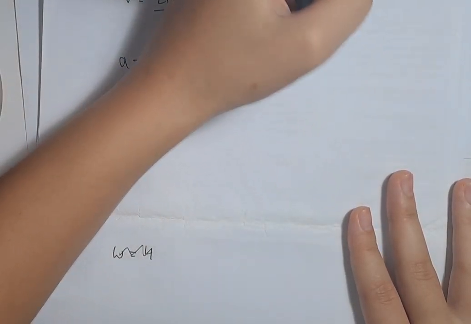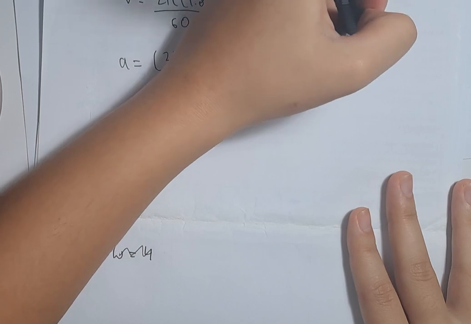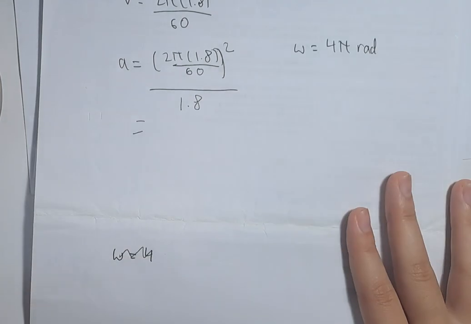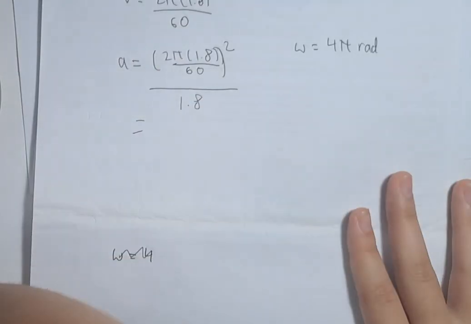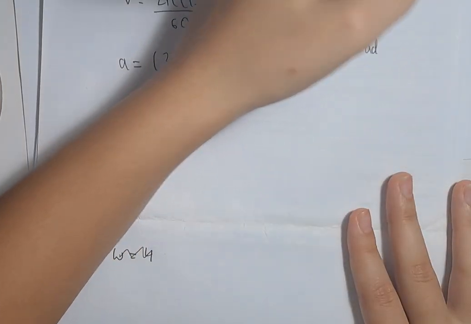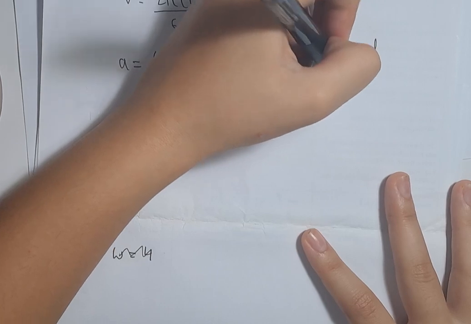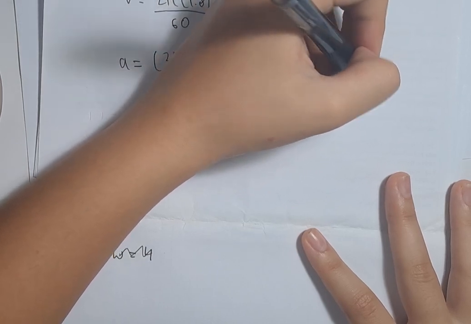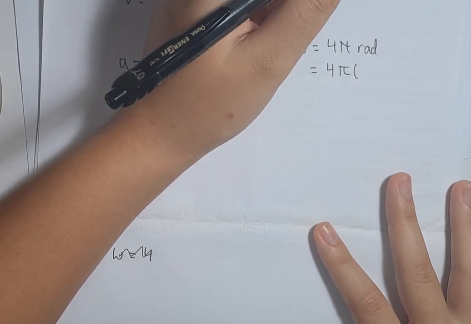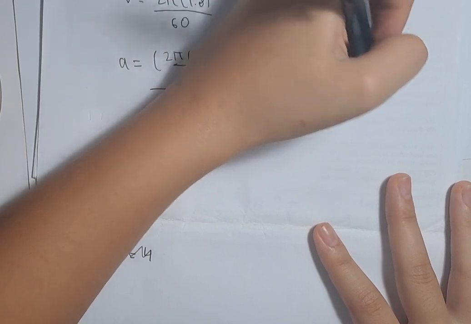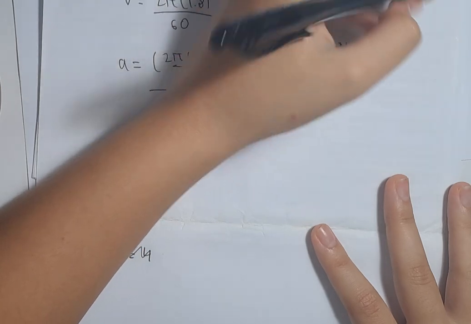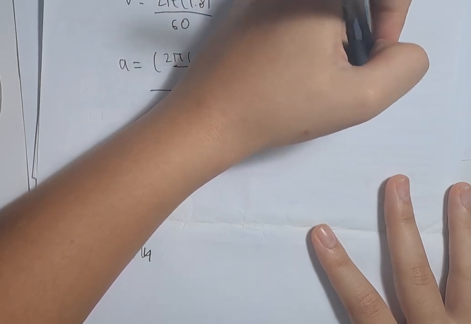So angular speed is 4 pi radians basically, because it's a full sweep.